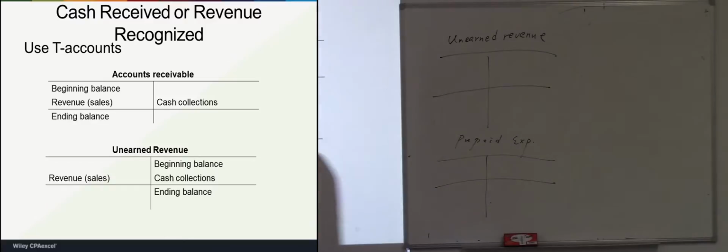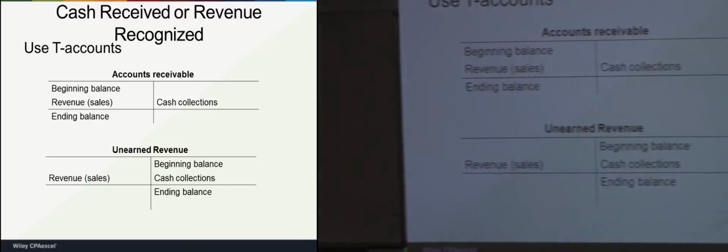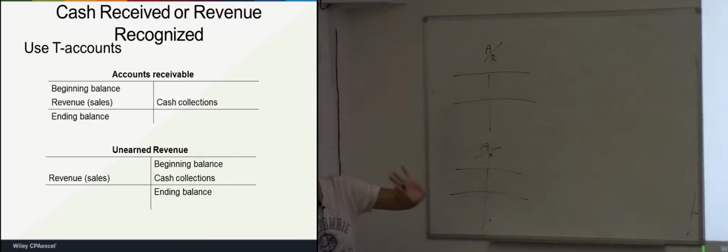So we will create 4 T accounts: one for accounts receivable, one for accounts payable, one for unearned revenue, one for prepaid insurance.